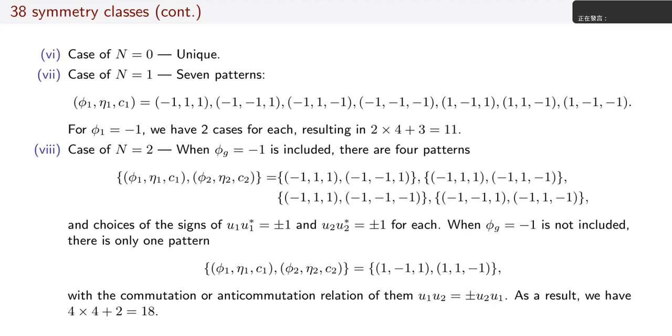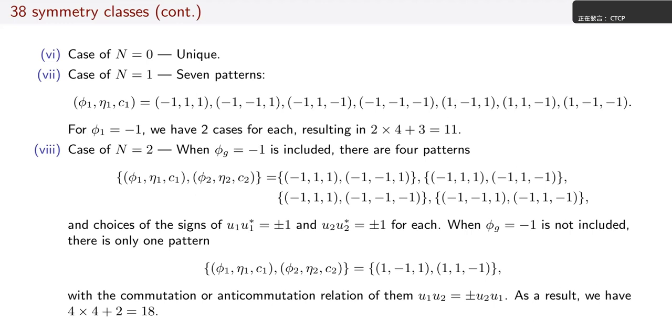Let's consider the second one. The group is D2 squared. Then in the case where the anti-unitary group element is included, there are 4 patterns.